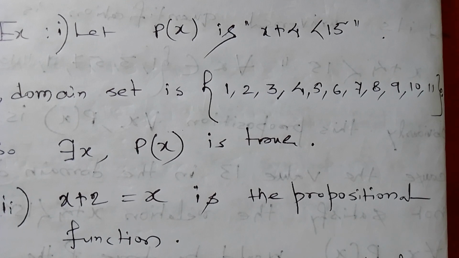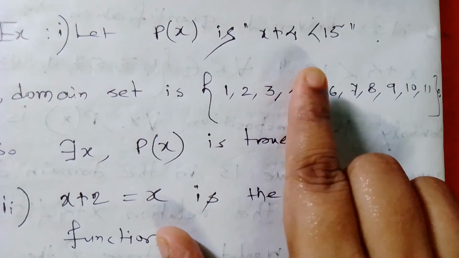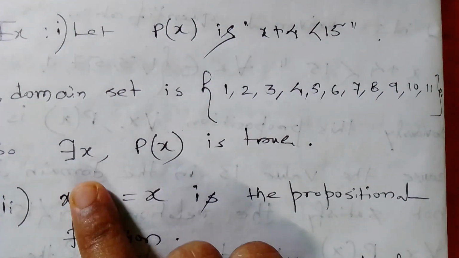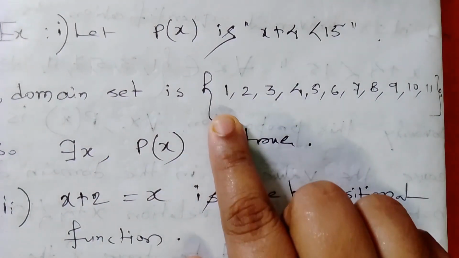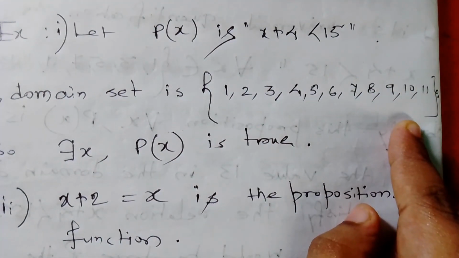Now, starting with the first example of existential quantification, let P(x) be x plus 4 less than 15 and the domain set be 1 to 11.